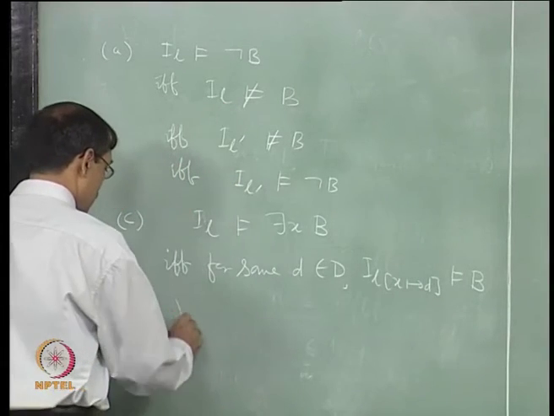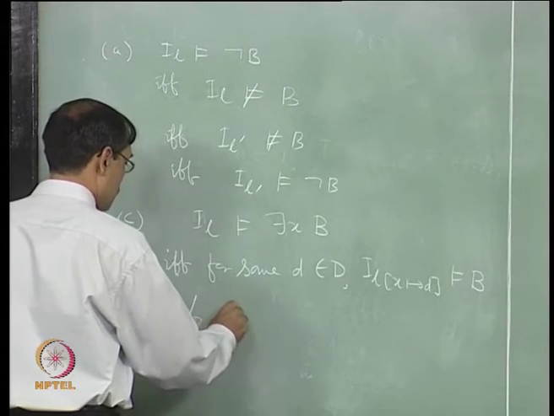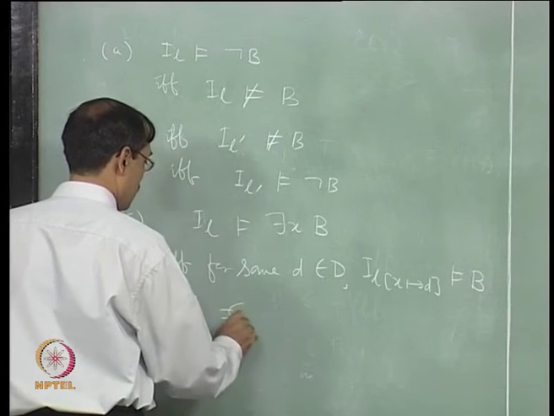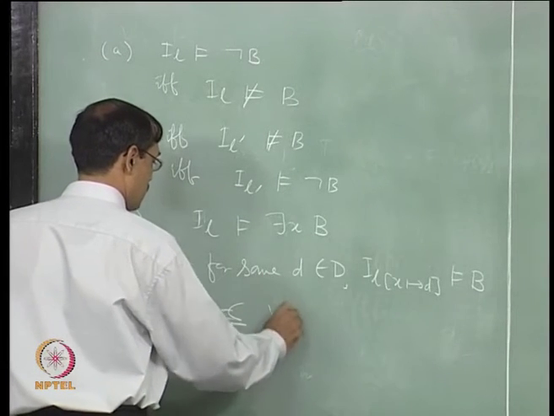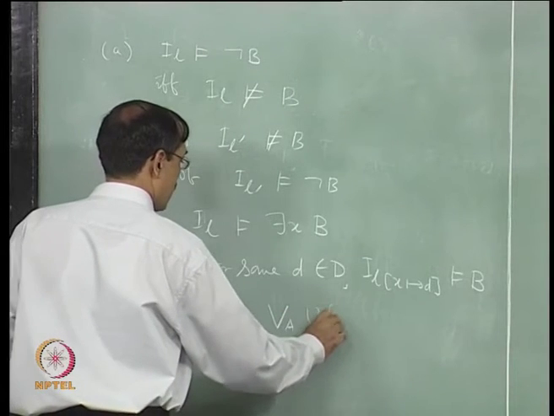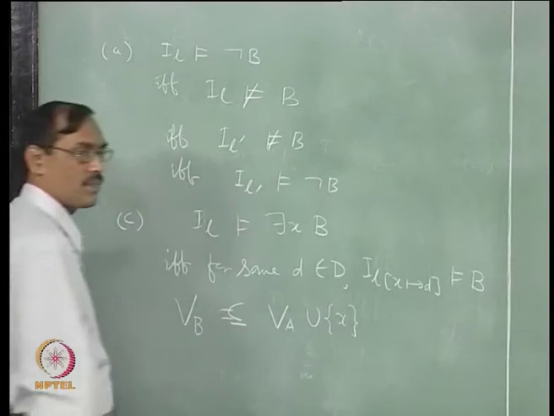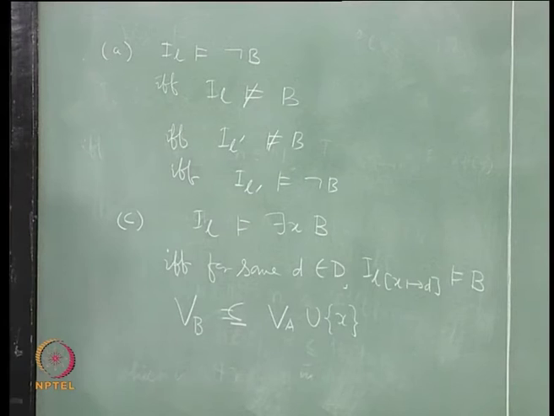So, we observe that the free variables of b can be an additional free variables of A union x, and we have L and L prime agree on the formula, then you can use it, right.